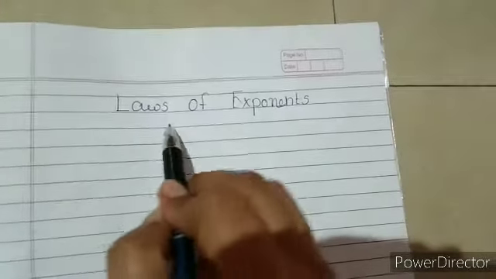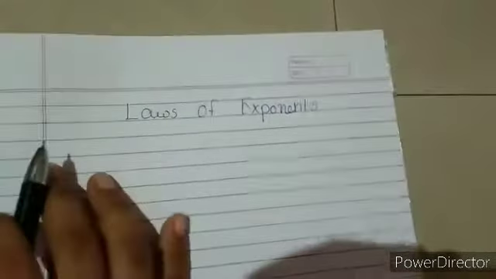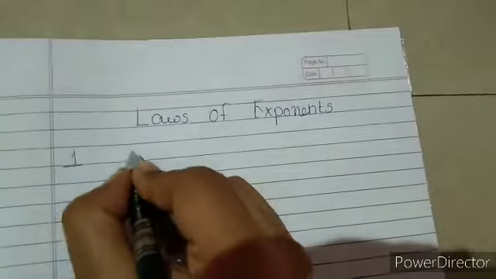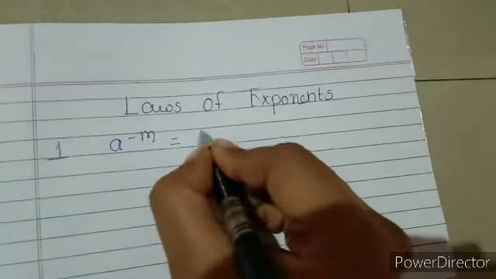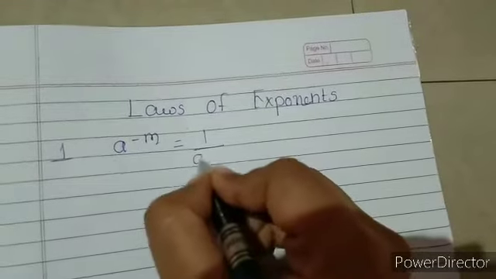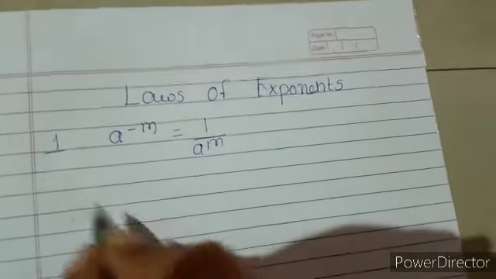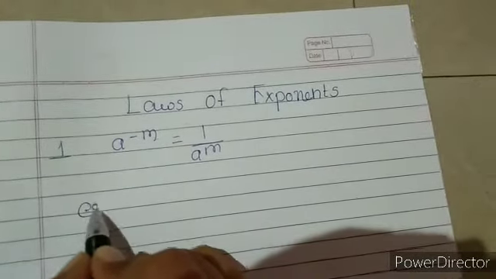We have already learned the laws of exponents also in class 7. The first property of the law of exponents is a raised to minus m is equal to 1 upon a raised to m. With this I am taking one example also.